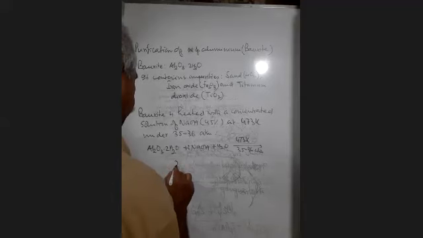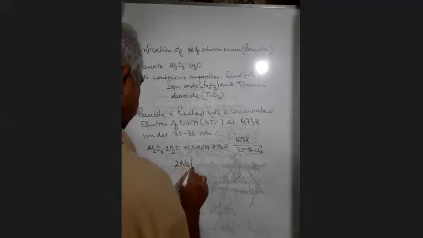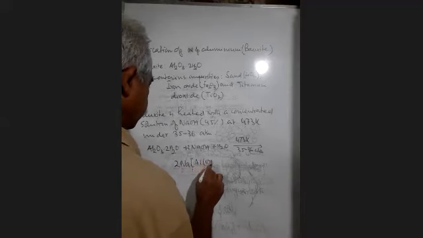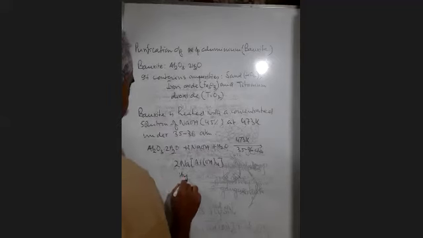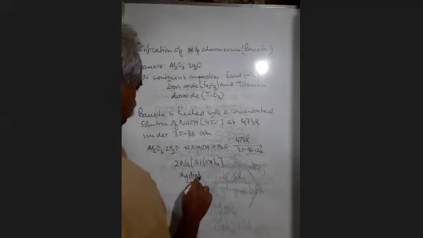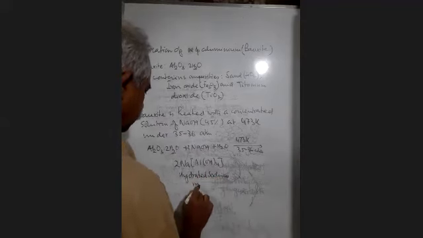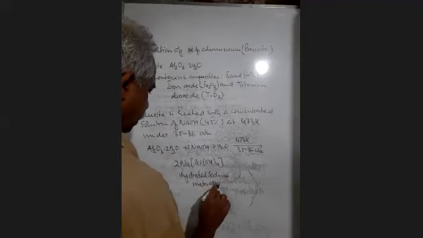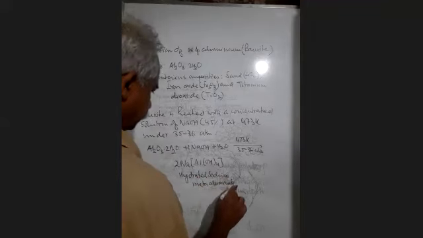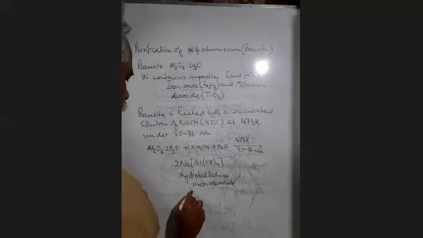And it gives you hydrated sodium metaluminate. Means actual formula of sodium aluminate is NaAlO2. As in your textbook they have not given that formula, you will find it in my note. So we call it hydrated sodium metaaluminate. It is water soluble.